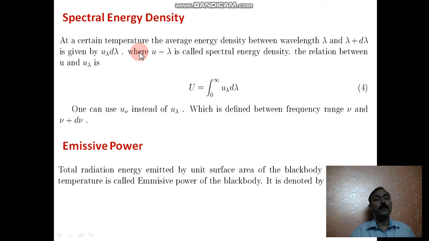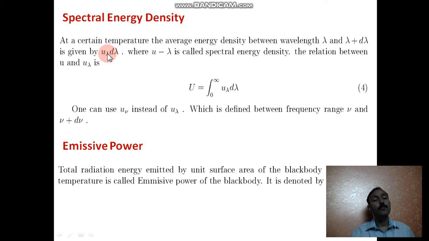These are certain definitions. They will be required later on. At a certain temperature, the average energy density between the wavelength range lambda and lambda plus d lambda, where d lambda is very small, is given by U lambda d lambda.